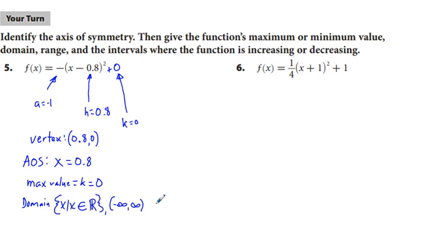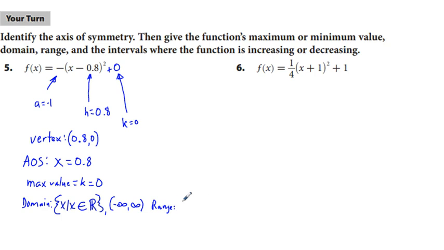Range. Let's look at range. We're going to be having a maximum value of 0, so we're going to be going from -infinity up to 0. And that's in interval notation. Let me go ahead and put that instead in set notation for consistency's sake.